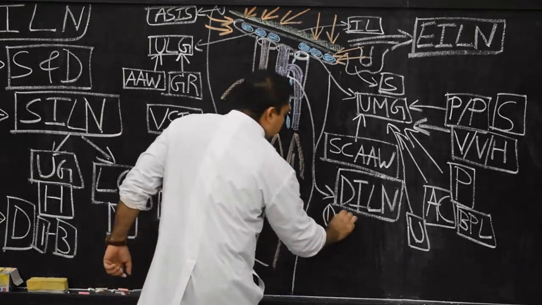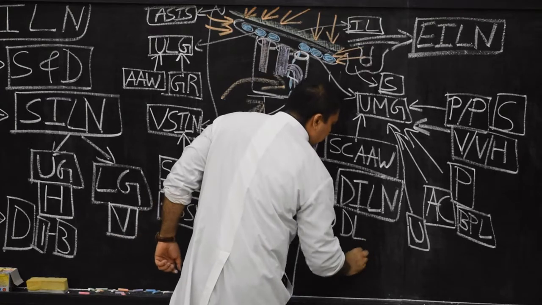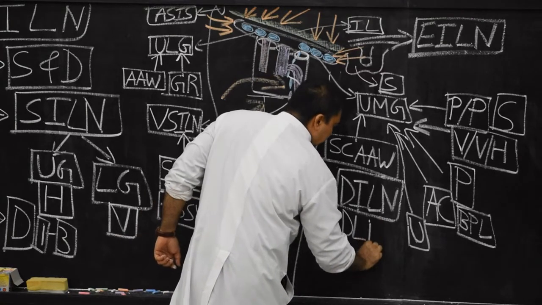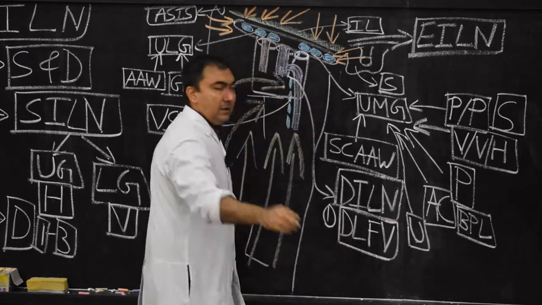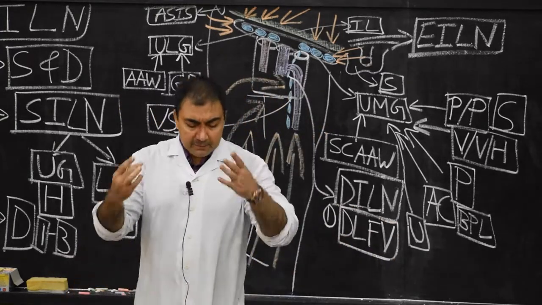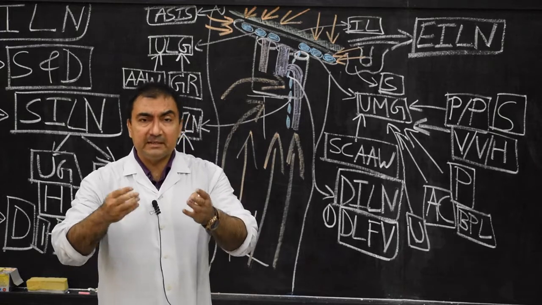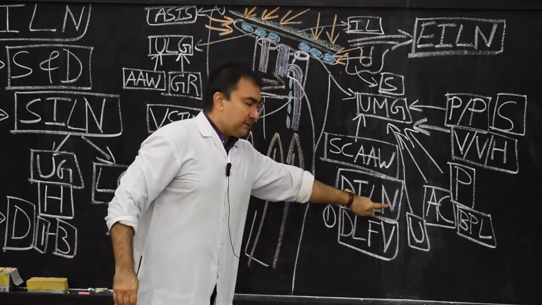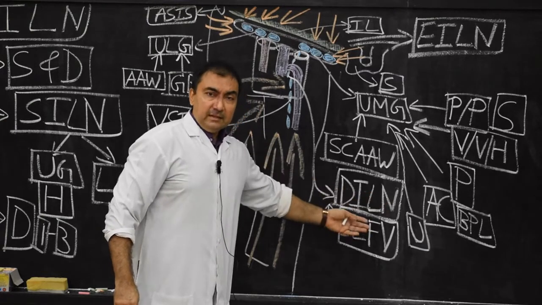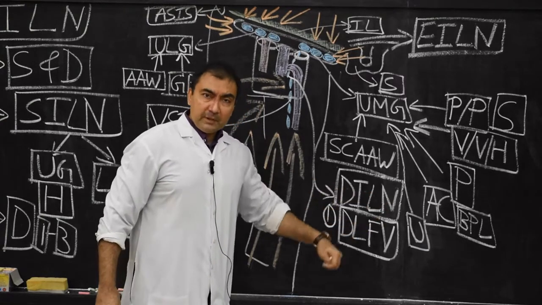So the deep lymphatics which accompany the entire femoral vessels, that means the entire deep lymphatics of the lower limb, will drain into the deep inguinal group of lymph nodes. That includes the deep lymphatics of the lower limb.